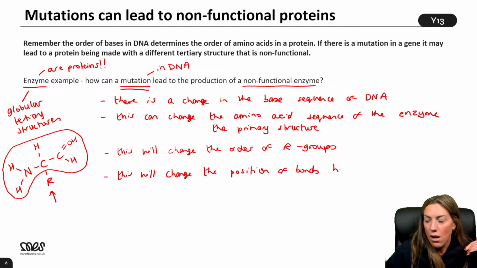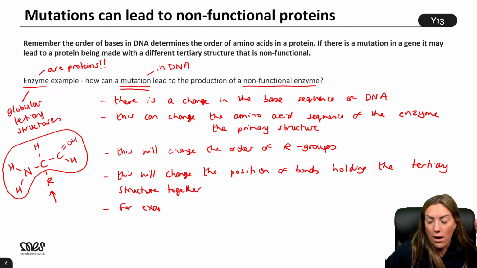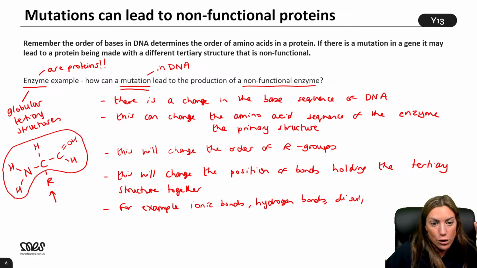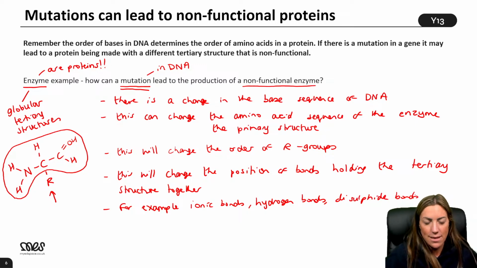So if we change the order of the R groups, this will change the position of bonds holding the tertiary structure together. And I'm going to say, for example, because quite often they will give you a mark for naming a bond, ionic bonds will form in different places, hydrogen bonds will form in different places, and disulfide bonds will form in different places.